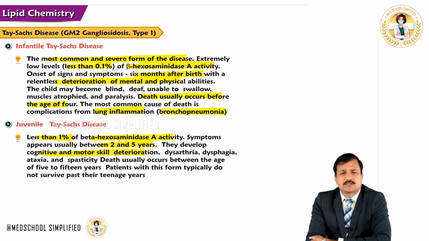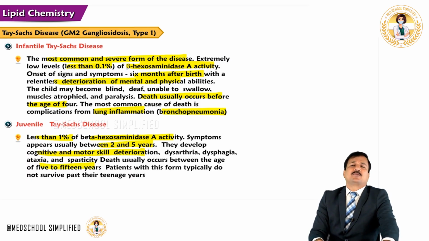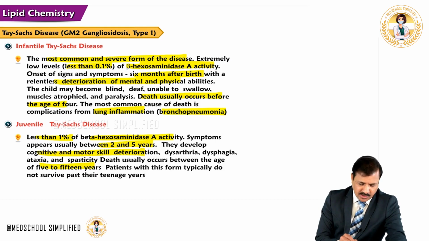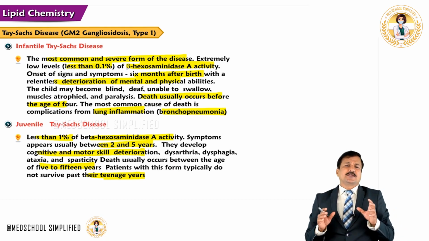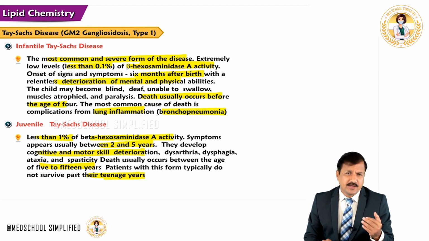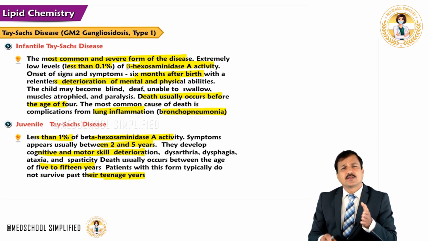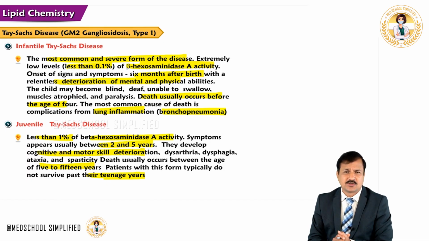Death usually occurs between the ages of 5 and 15 years. Patients with this form typically do not survive past their teenage years. So juvenile Tay-Sachs disease is a relatively less severe form compared to infantile Tay-Sachs disease, although death occurs in this form of Tay-Sachs disease also.